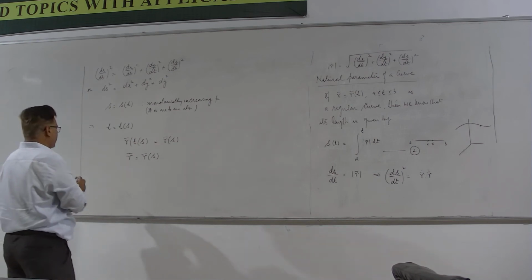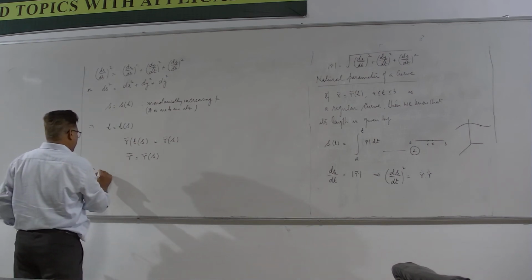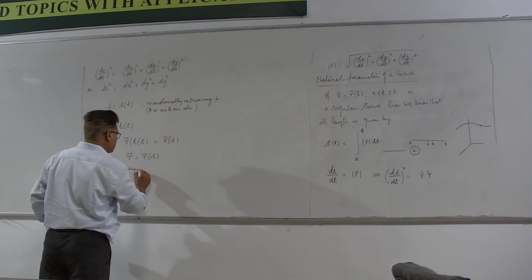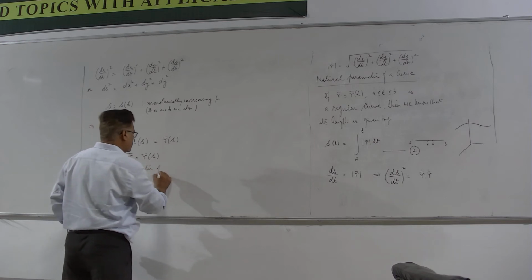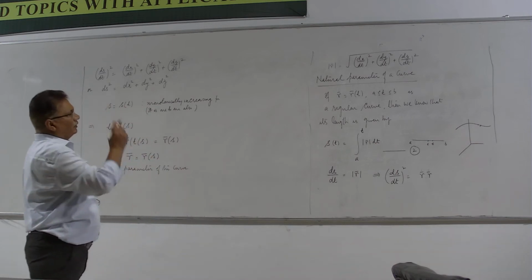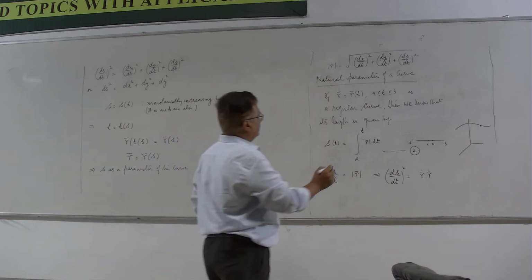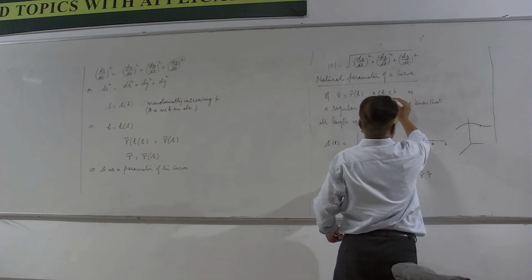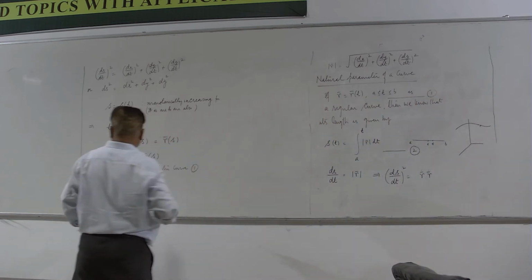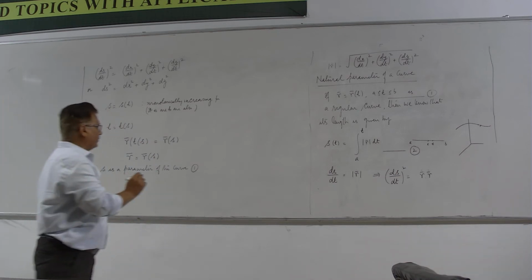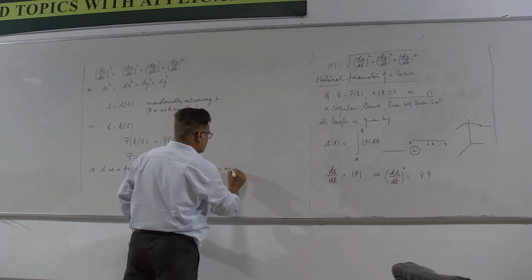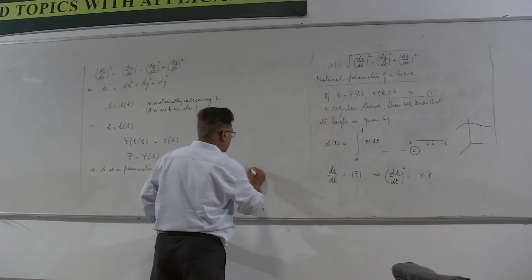So, this parameter S is a parameter of the curve r(t), known as the natural parameter.